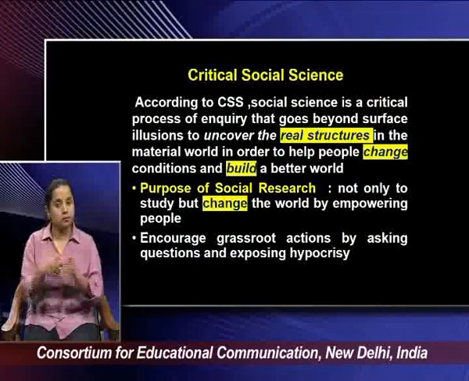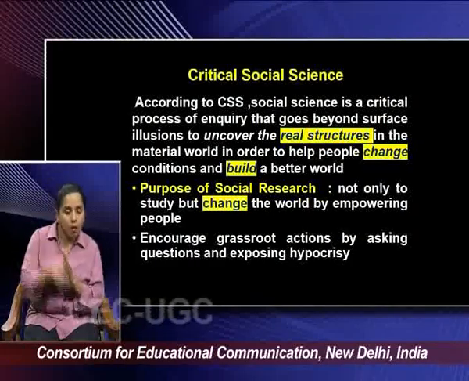It encourages grassroots actions by asking questions and exposing hypocrisy. Research here is carried out to critique and transform social relations by uncovering the underlying sources of these relations and empowering individuals, particularly those who are less powerful.